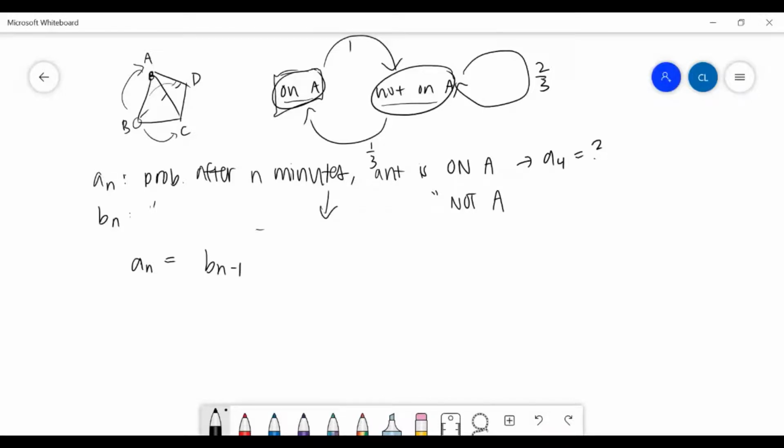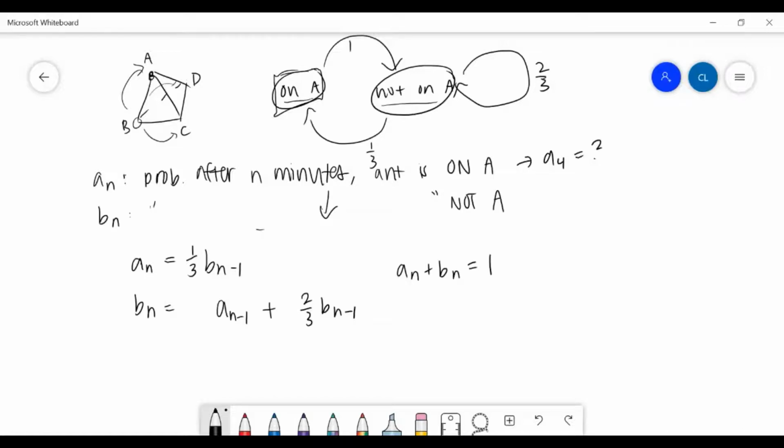So that's going to be A_n equals 1/3 B_(n-1). And then for B_n, it's similar. If you're on A in the previous minute, then you multiply by 1. And then if you're not on A in the previous minute, it's 2/3 times B_(n-1). And then also, at any given minute, obviously the ant is either on A or not on A. So we have A_n plus B_n equals 1.